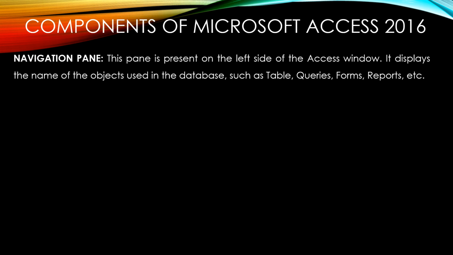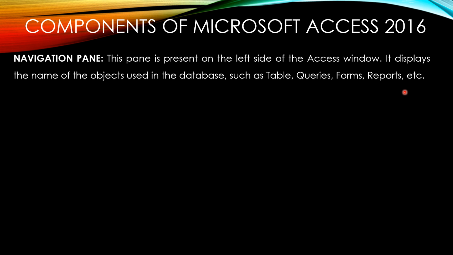The next component of Microsoft Access is the navigation pane. This navigation pane is present on the left side of the Access window. What it does, it displays the name of the objects which you are using in the database like tables, queries, forms, reports, etc. If I give you an example here, when you open PowerPoint and you keep on adding slides, on the left side you will get slide 1, slide 2, slide 3 and you can navigate between these slides.